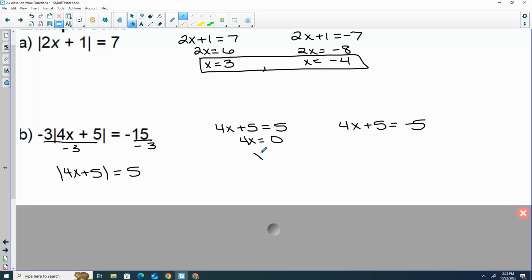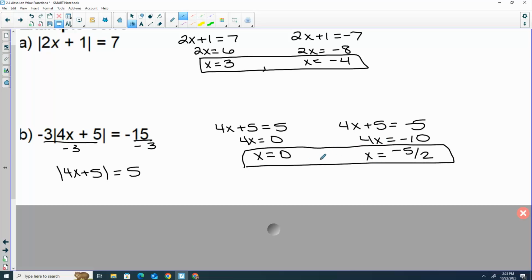Subtract my 5, divide by 4. And get 0 and -5/2. And again, if you want to check them, plug them back in.